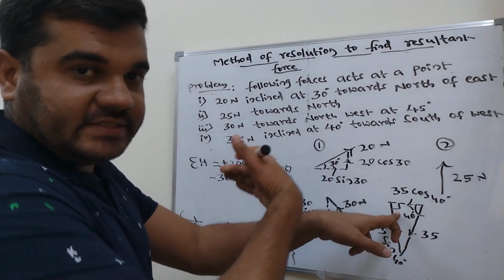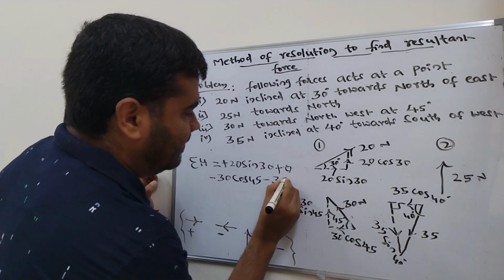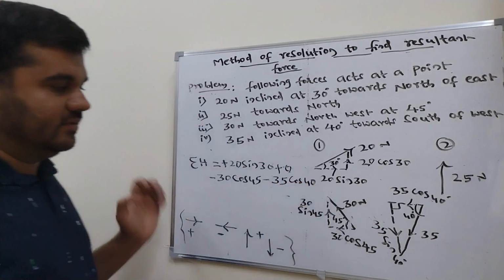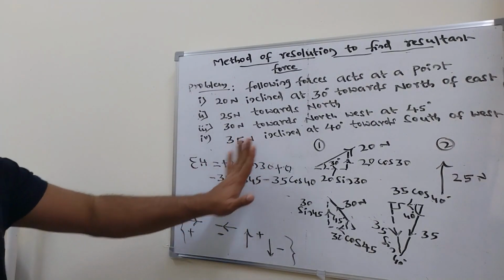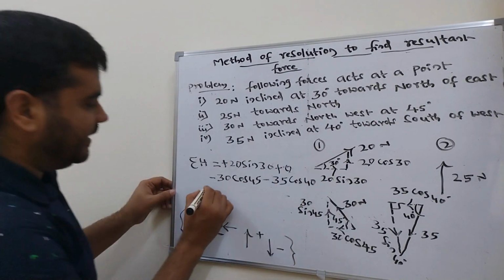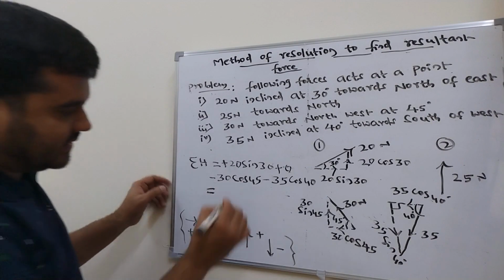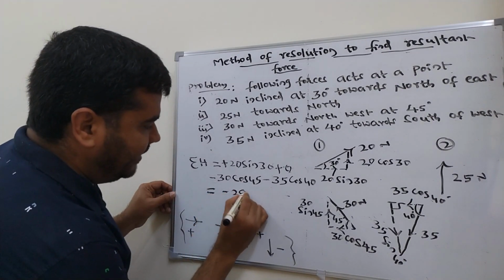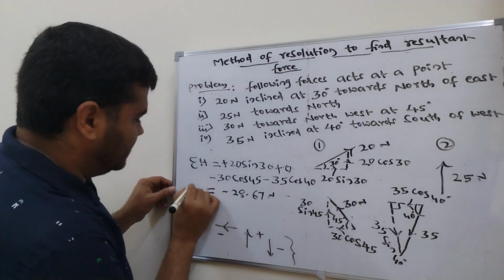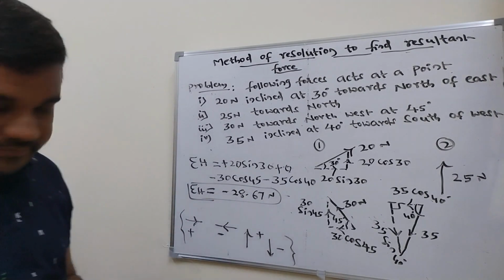This is in this direction, so you are getting minus 35 cos 40. So these are all the horizontal components of these four forces. I am getting the final answer for summation H, that is minus 28.67 Newton. That is the total horizontal component.